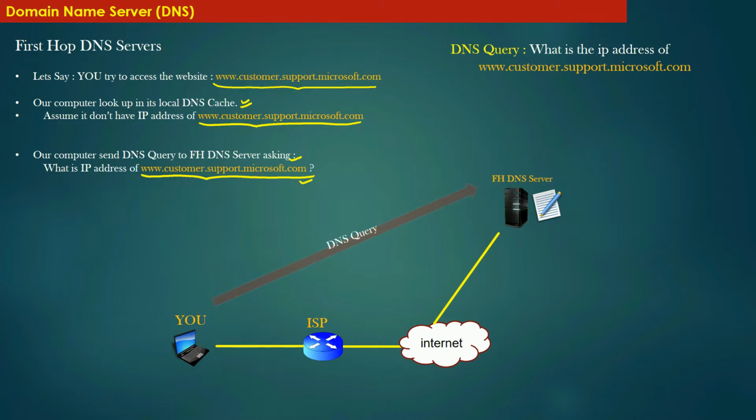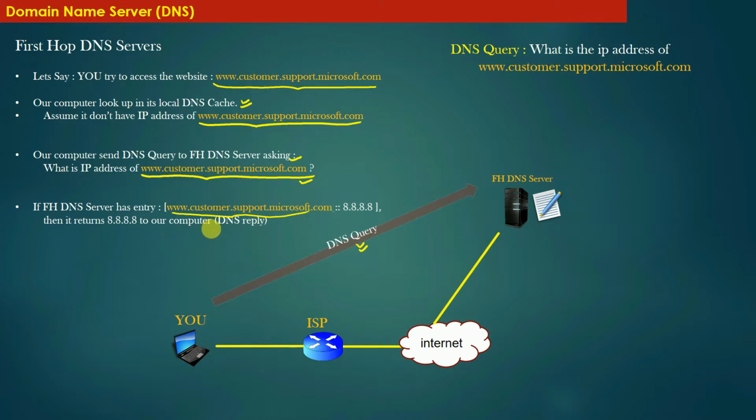Because we discussed in the beginning that your machine knows the IP address of First Hop DNS servers. Now the First Hop DNS server will receive this DNS query. After receiving it, the First Hop DNS server will check in its DNS cache whether it has an IP address for the requested website.